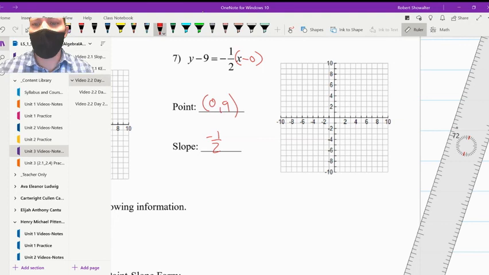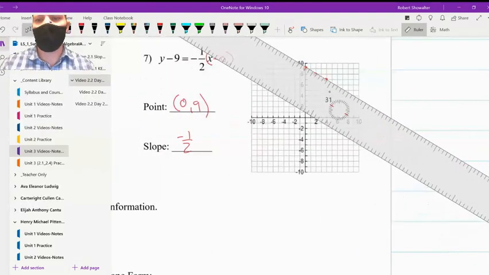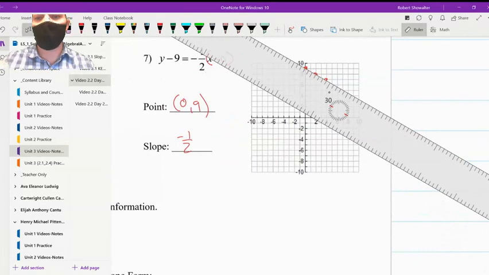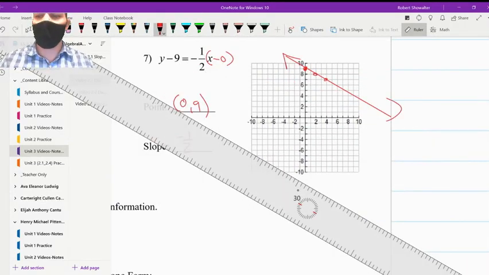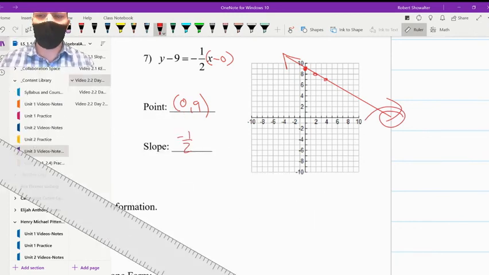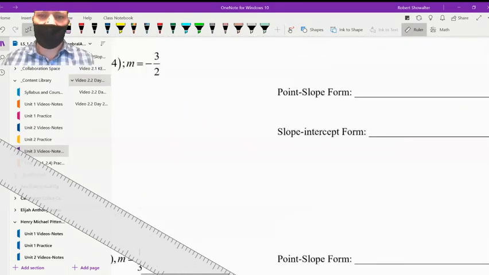We go down 1, right 2, down 1, right 2. Graph that. What's interesting is that starting point just so happened to be our y-intercept. By the way, the x-intercept is the spot where the graph crosses the x-axis.